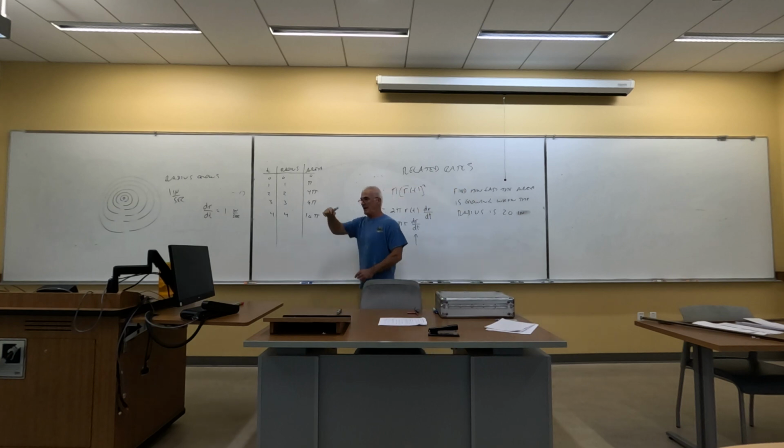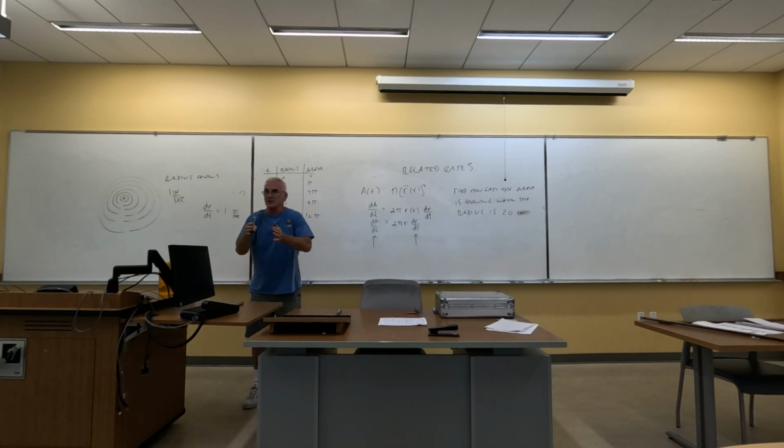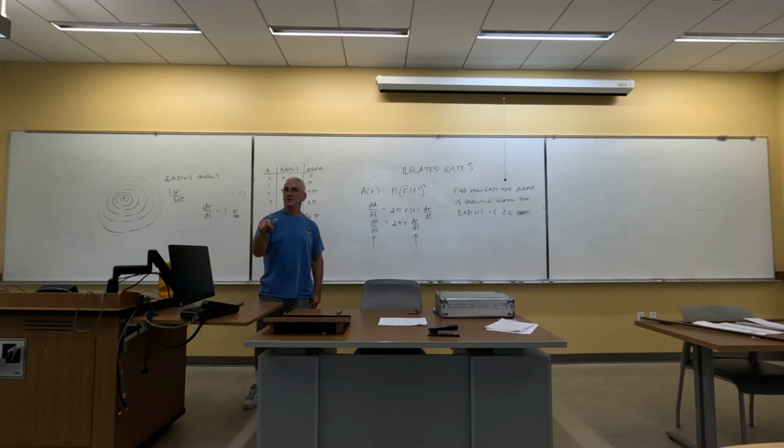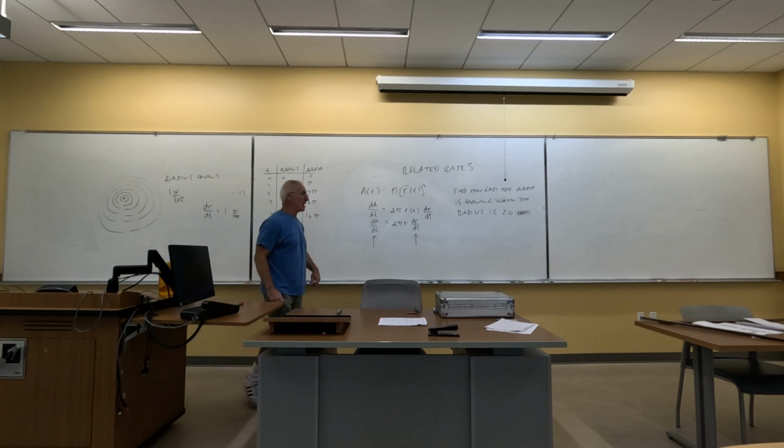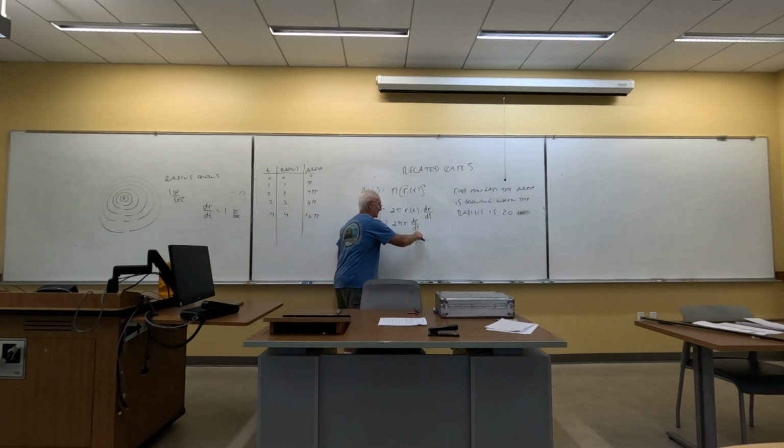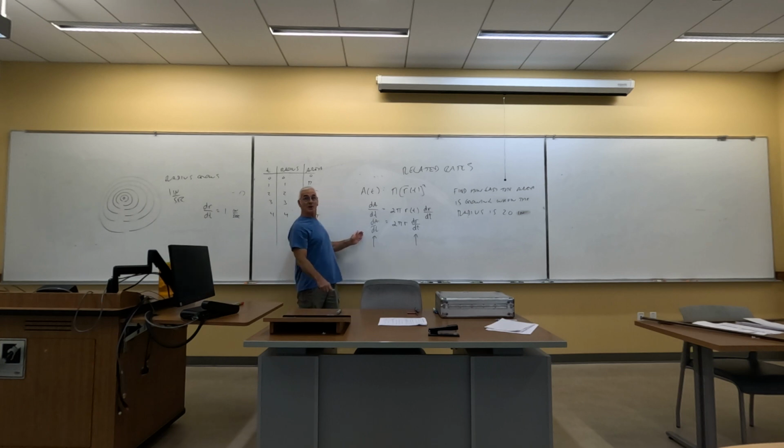So I dropped the pebble into the water, and it's growing an inch every second. So literally, I'm saying 20 seconds in, how fast is the area growing? I want the instantaneous rate of change. I don't want an average. I want to know exactly at that moment in time. I'm giving you this value. I'm giving you this value. That value is constant.